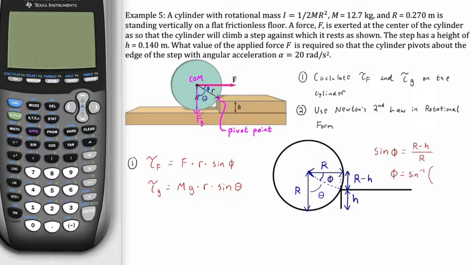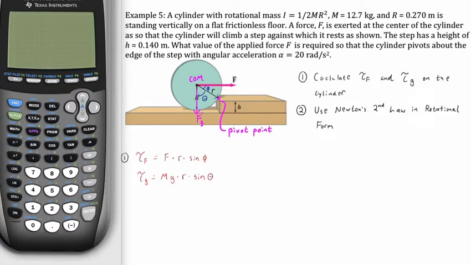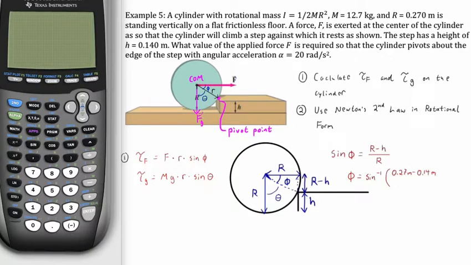So we have 0.27 meters minus 0.14 meters, and that's all going to be over the 0.27, the radius.